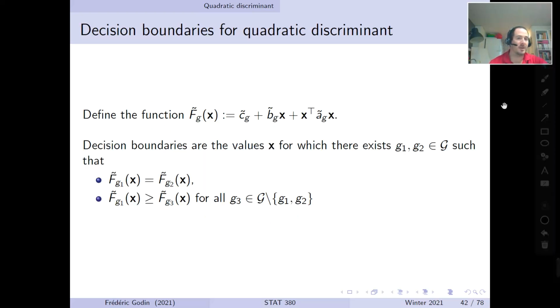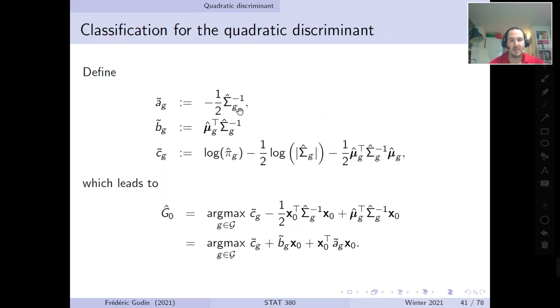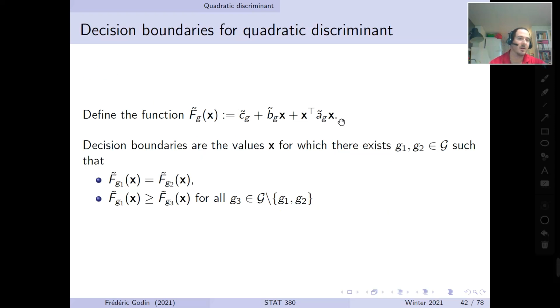So we can do the same thing we did earlier, define the function f_g(x), which is this quadratic expression of x with constants c tilde g, b tilde g, and a tilde g defined as in the previous slide, where this is 1 by 1, this is 1 by p, and A tilde is minus 1/2 the inverse covariance matrix, so this A tilde G is a p by p deterministic matrix.